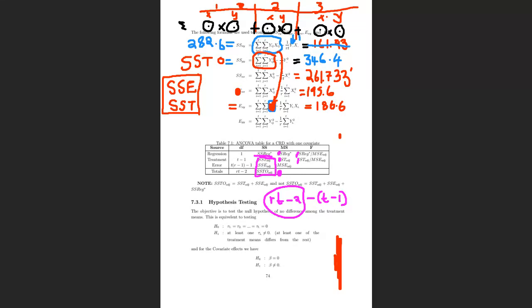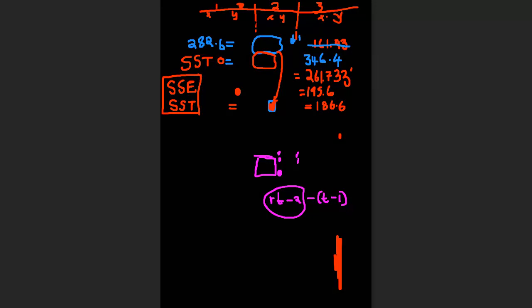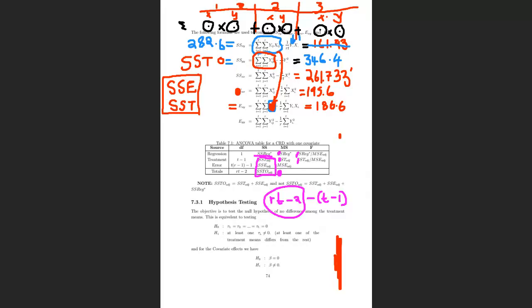I said SSTO is the same as SSYY, right? I asked the leaders to find SS treatment. What is your SS treatment, guys? 140.4. Yes, there it is. When you take the difference, SSE is 206.0, right?